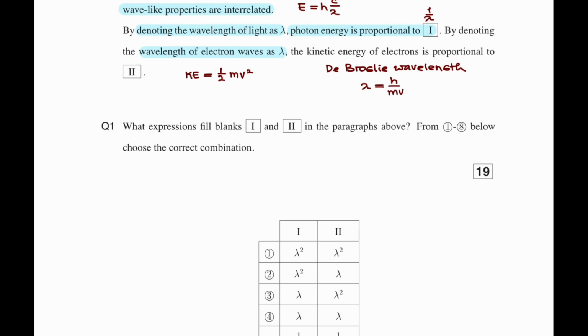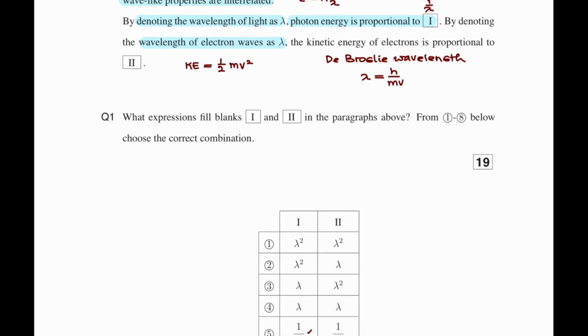Okay, I will try to manipulate the equation first. As you can see here, I can write down mv equals h over lambda, and from this equation I will multiply both numerator and denominator by m. Then I will get the kinetic energy of the electron equals half m squared v squared over m.